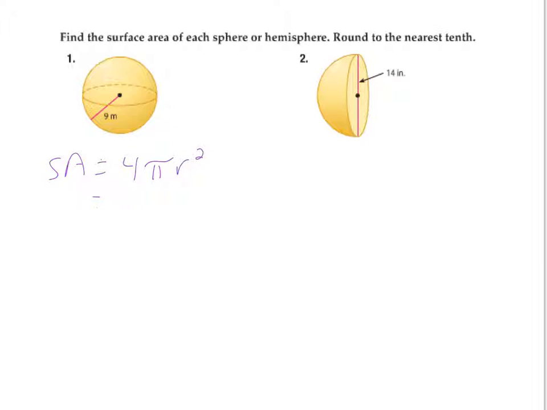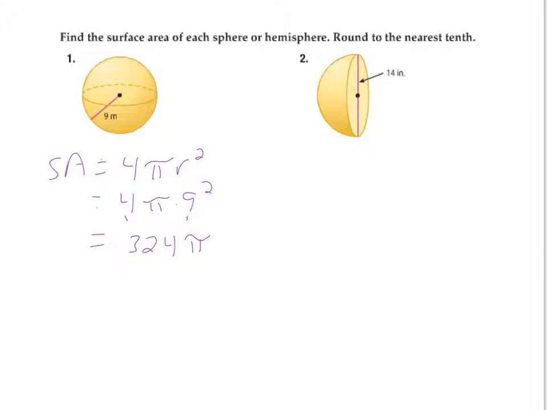So in this case, that's equal to 4 times pi times my radius squared, which was 9. 4 times 81, I think it's 324. So this surface area is equal to 4 times 81 times pi, or 324 pi.